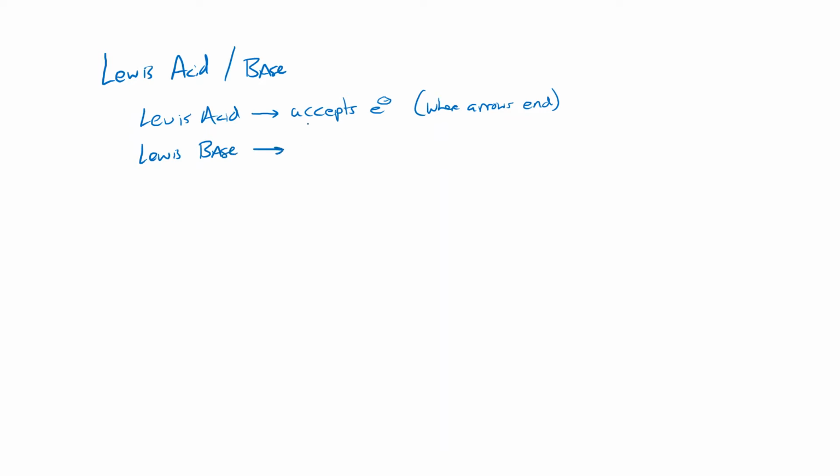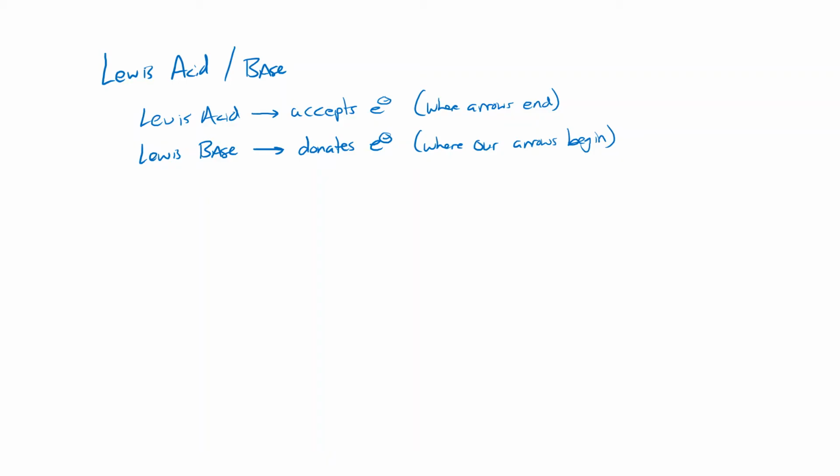So you'll never guess what Lewis bases do. Lewis bases are the electron donors. A Lewis base donates electrons, and this is where our arrows begin. When we talked about resonance, we asked where the places are that we can move electrons around, where we can start. We really came up with two options. In class, I would stop and ask what the electron movements are that are allowed in resonance structures, and you all would say lone pair to pi bond, pi bond to pi bond, pi bond to lone pair.